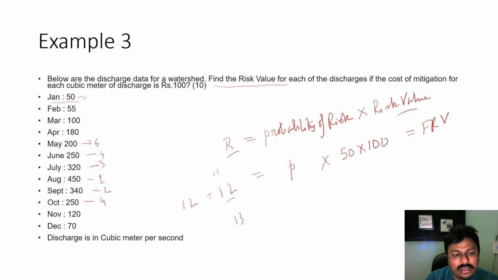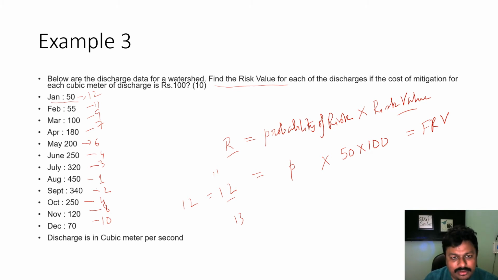So here, as there is a fourth rank discharge, I am assigning rank 6 to the next discharge as per magnitude. Then this is 6, then this I will say 7, this is 8, 9th, then 10th, 11th, 12th.